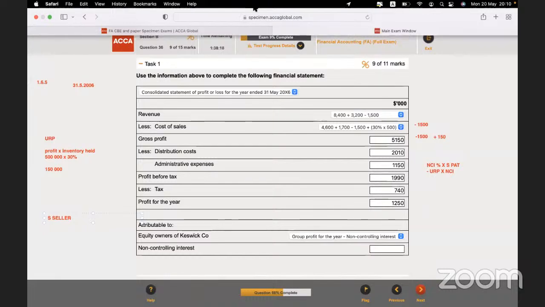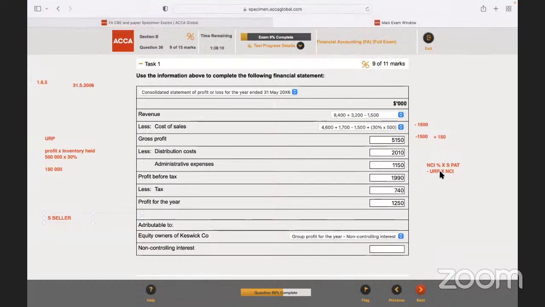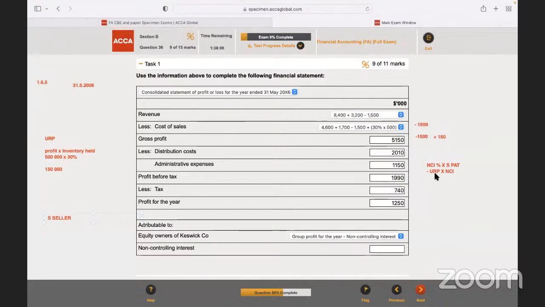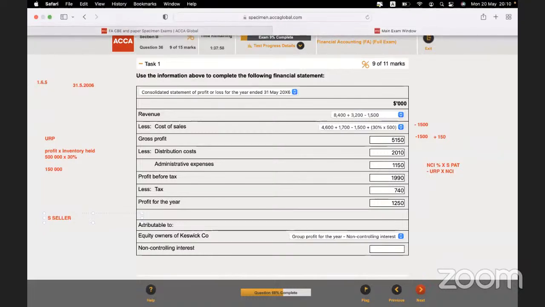But when the subsidiary is selling goods to the parent, then when there is a URP, yes, of course, the NCI is getting affected. So please understand, guys, when I say URP, it has to be the subsidiary is the seller, because then only NCI gets affected. Not when the parent is the seller. When the parent is the seller, there is no impact on NCI.